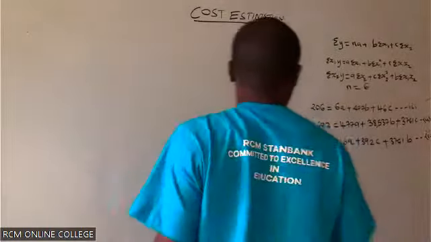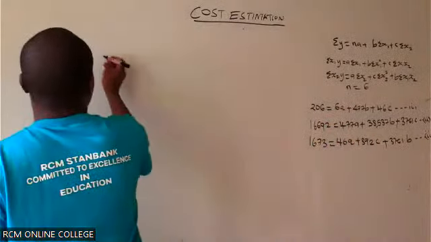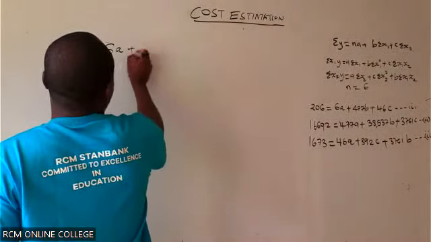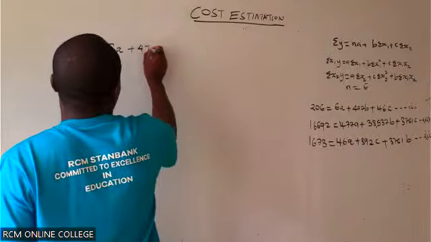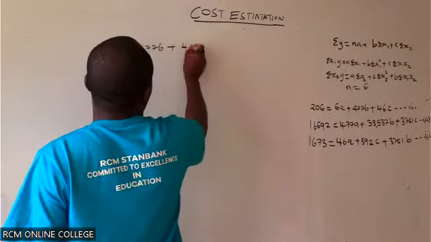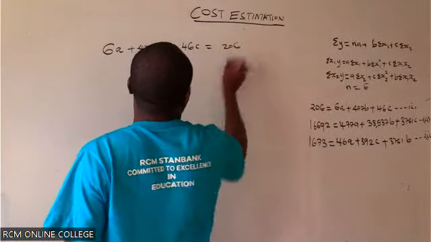So we have 6A plus 477B plus 46C is equal to 206.